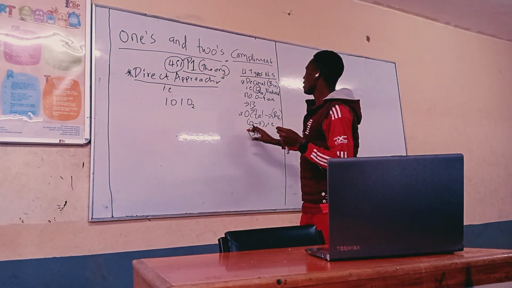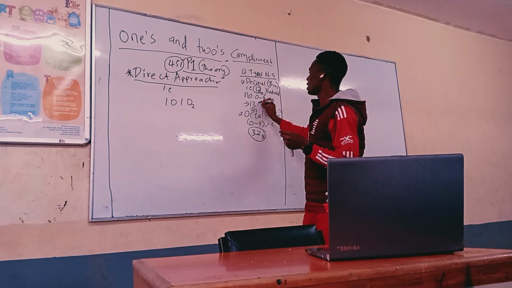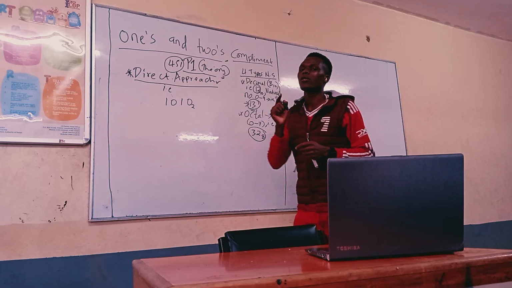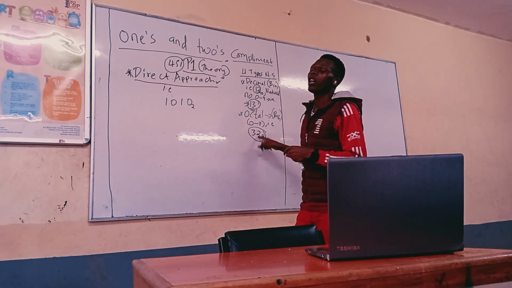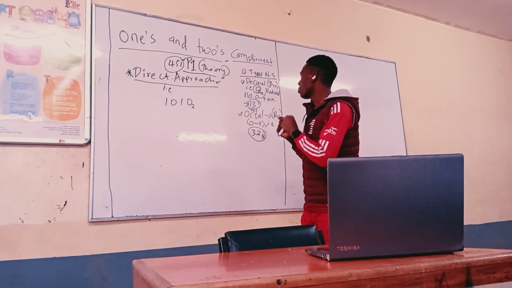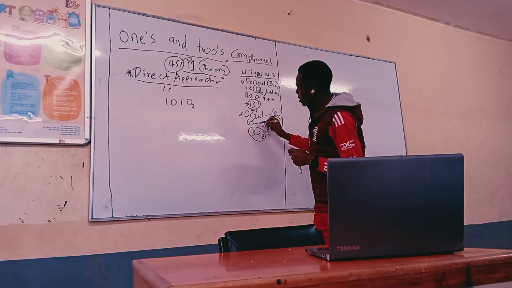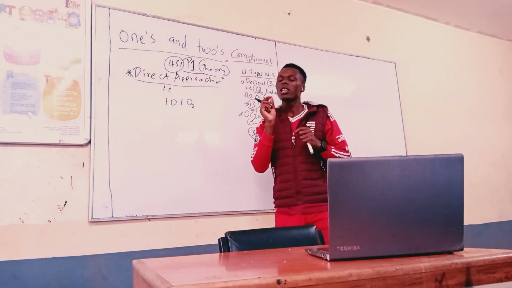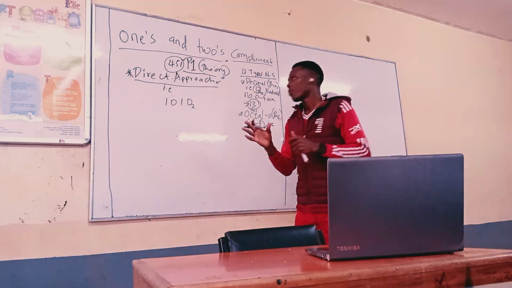For decimal, even if you don't write the base, you mean decimal. But for octal, you have to write the base 8. The numbers 0 to 7 are the only characters that make up an octal number.